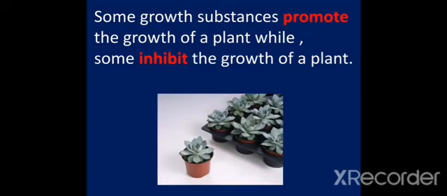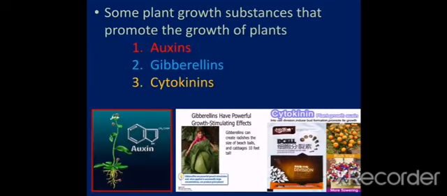Some growth substances promote the growth of a plant while some inhibit it. Some that promote growth are auxins, gibberellins and cytokinins. Under your grade 9 syllabus, we have to talk about these three chemicals. They are also known as plant hormones.